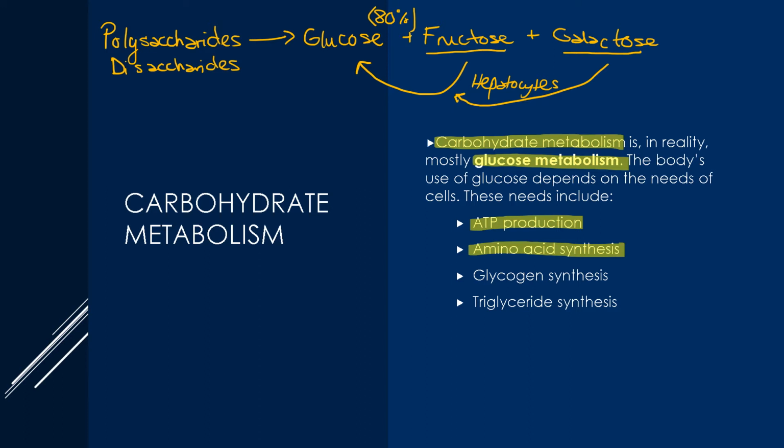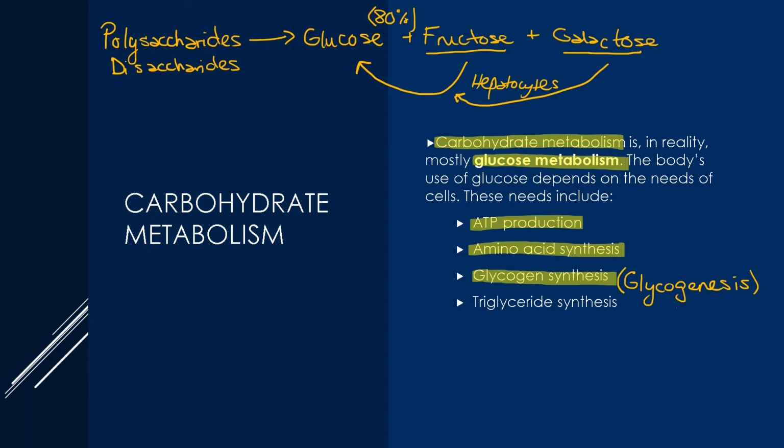The cells may also need glycogen synthesis. So hepatocytes and muscle fibers can actually perform glycogenesis, where hundreds of glucose monomers are combined to form the polysaccharide glycogen.